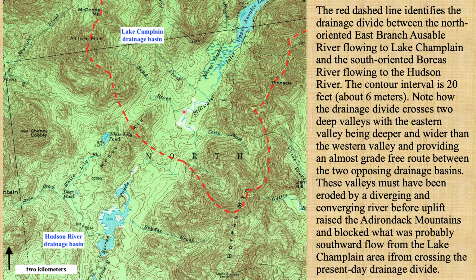And remember, again, that the east branch of Sable River joins with the west branch of Sable River to form the northeast-oriented Sable River, which flows to Lake Champlain. And the Boreas River flows in a southwest direction to join the southeast-oriented Hudson River headwaters, with the water eventually ending up in the main Hudson River Valley in the Great Valley.